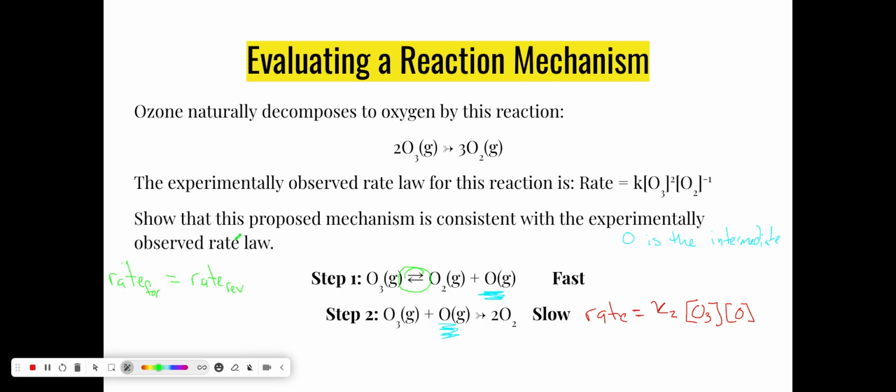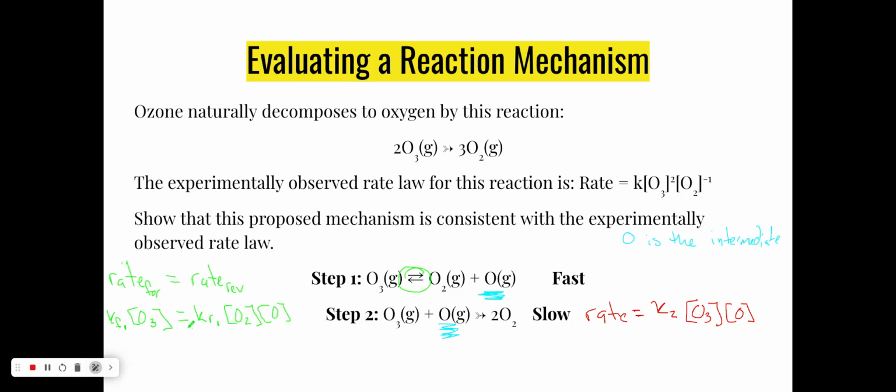That's why we can do this. The rate of the forward reaction is going to be Kf1 times the concentration of O3. And the rate of the reverse reaction, of course, is Kr1, the rate constant of the reverse, times the concentration of O2 times the concentration of O.